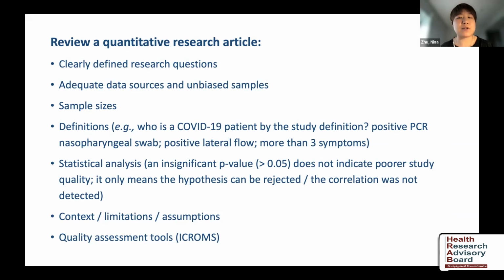And what I found very interesting is that sometimes the studies that report insignificant p-values are the ones with better quality, because the authors are being very transparent: the hypothesis we're testing can be rejected, or our data cannot support this hypothesis. So keep in mind that an insignificant statistical test does not mean poor quality.